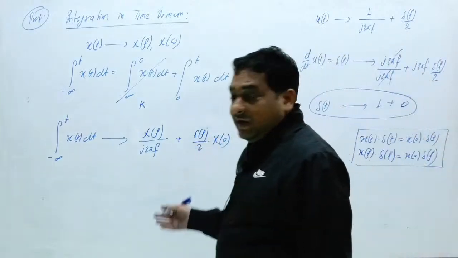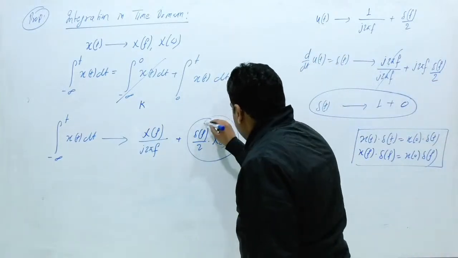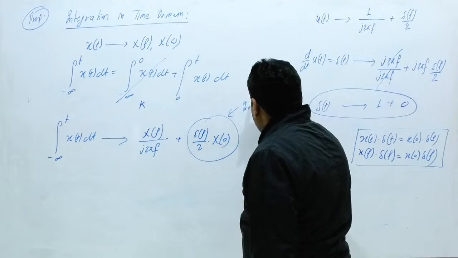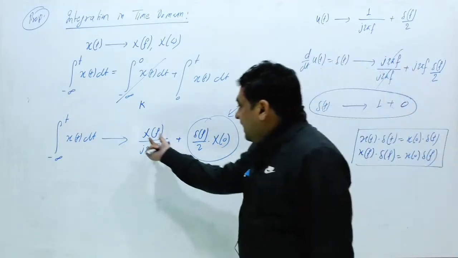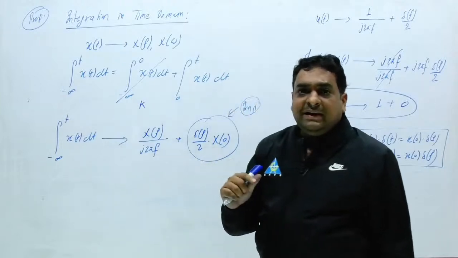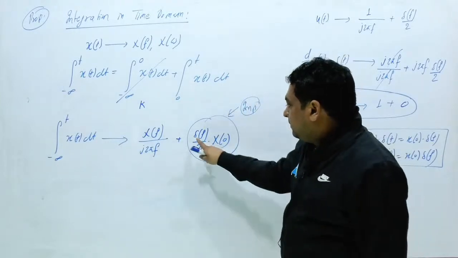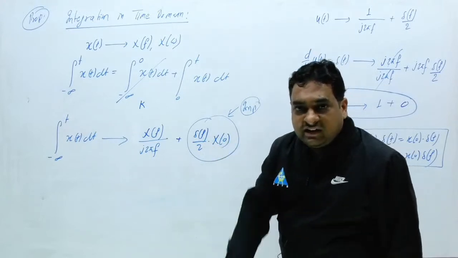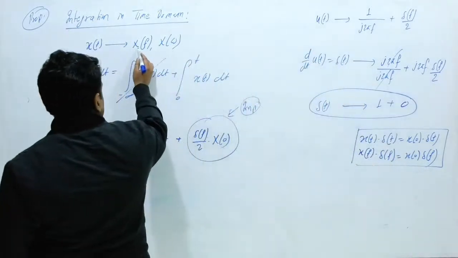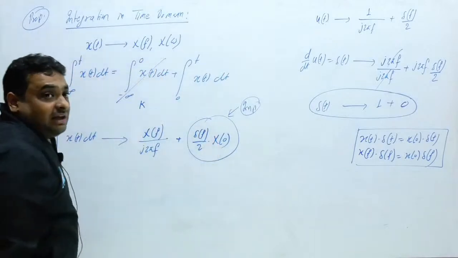Now in terms of omega, this part is very important. You should remember this. In the integration property, except for the division by j2 pi f, you will get one other term: del f by 2 into X(0). This is capital X, not small x, the capital X value at 0.